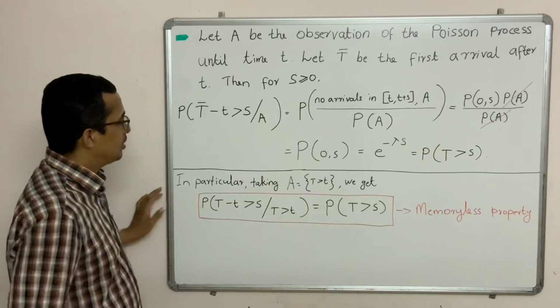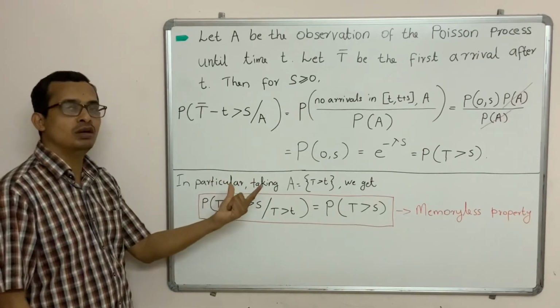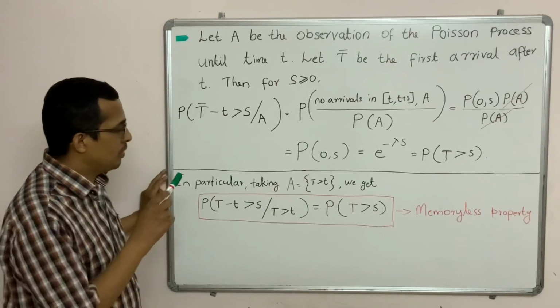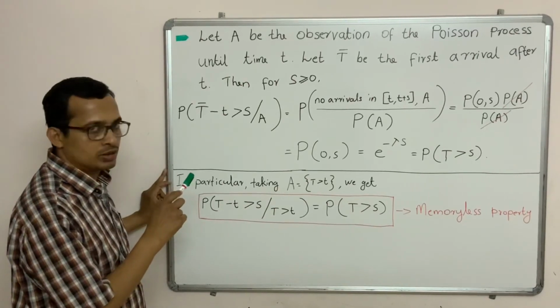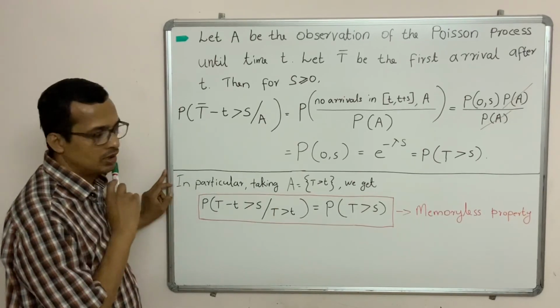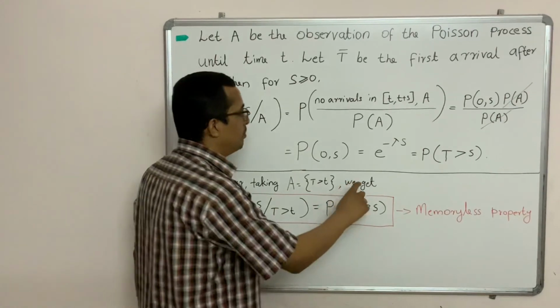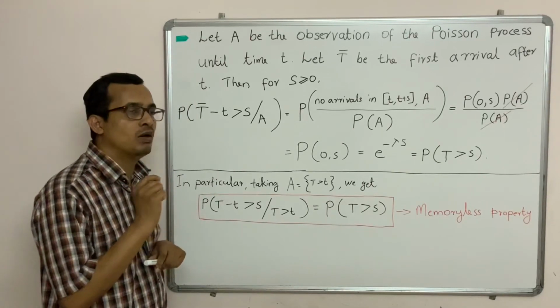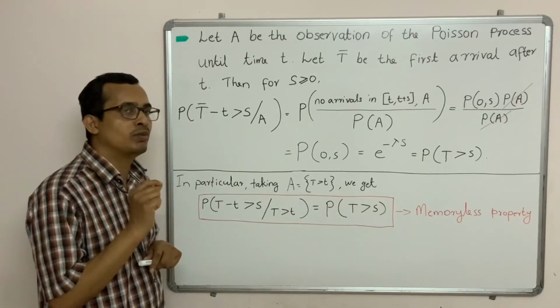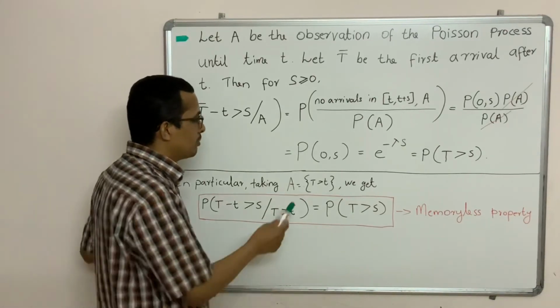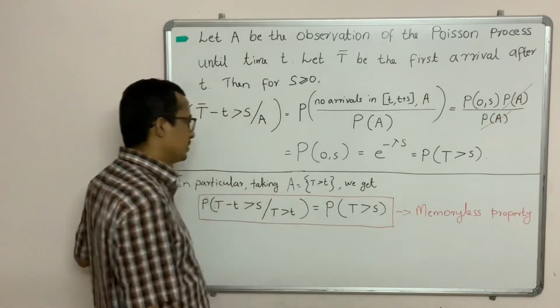So P of A intersection B is the product of the probabilities, and that is the probability of zero arrivals in the interval t to t plus s, an interval of length s. That's why we get the term P0s. Remember Pk tau, the probability of k arrivals in an interval of length tau. So this is P0s, and the probability of A gets cancelled.